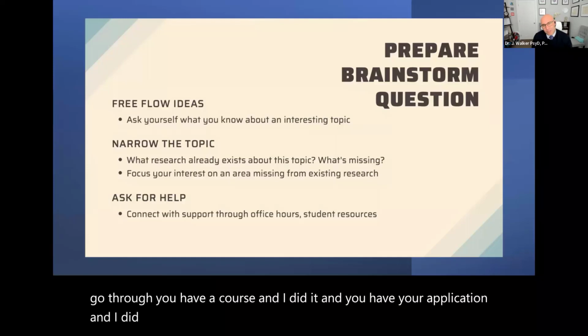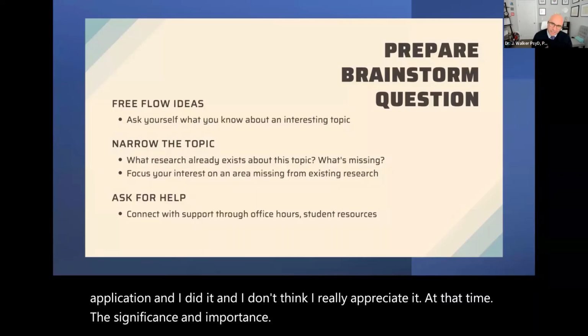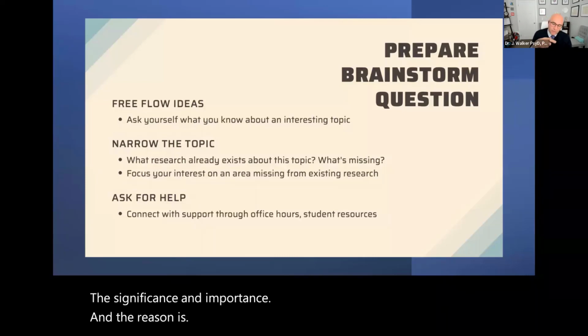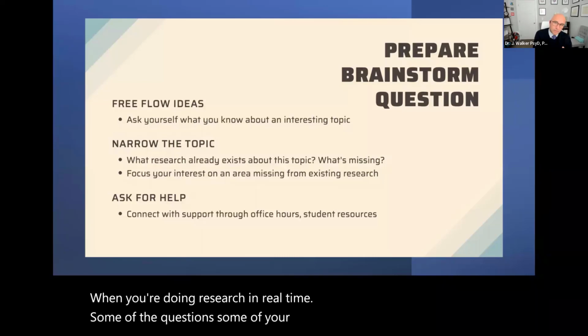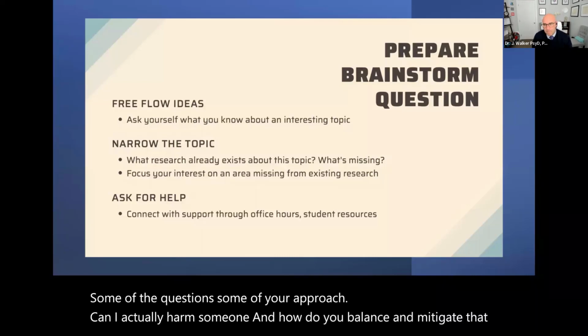And I don't think I really appreciated at that time the significance and importance. And the reason is, when you're doing research in real time, some of the questions, some of your approach can actually harm someone. And how do you balance and mitigate that risk?